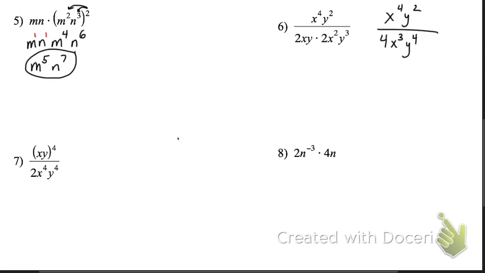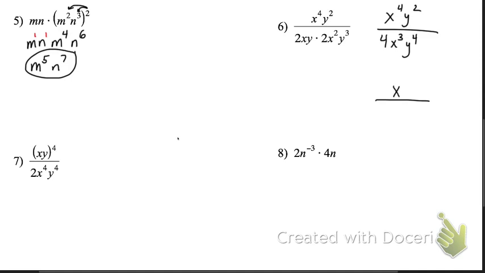So now I need to look across here, and I can see across the fraction bar I have x's in the numerator and the denominator. So what I want to look for is the power higher in the numerator or the denominator, and by how much? So the difference between them is 1. It's higher in the numerator.